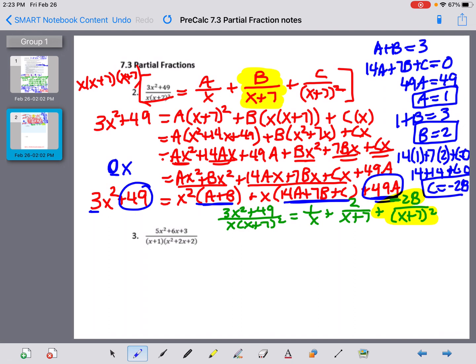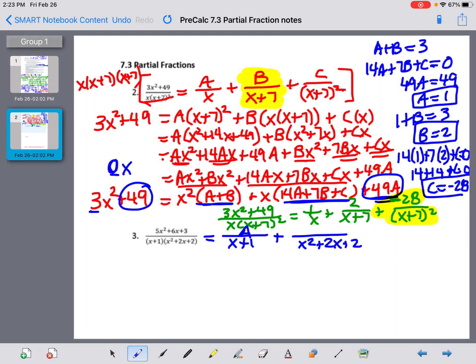So when I go to write my fractions, my denominators here are x plus 1 and x squared plus 2x plus 2. Okay? So my first fraction, because it's linear, still gets an a. Linear meaning that that x doesn't have a power. But on my second fraction here, because I have an x squared, that whole polynomial is a quadratic.